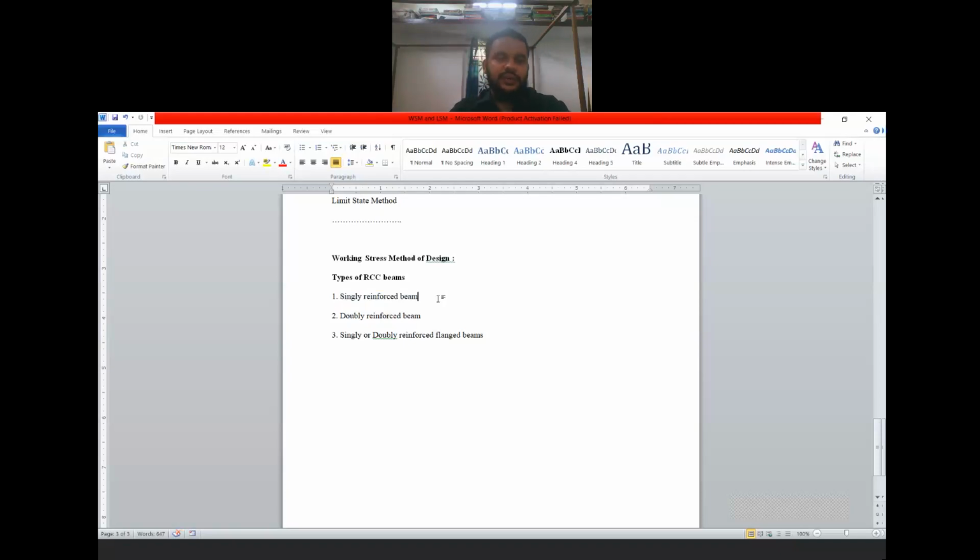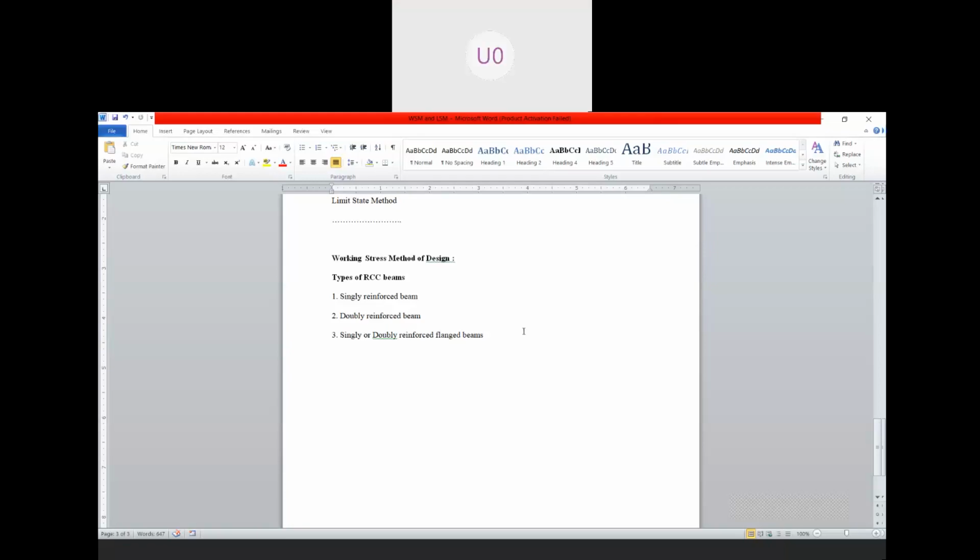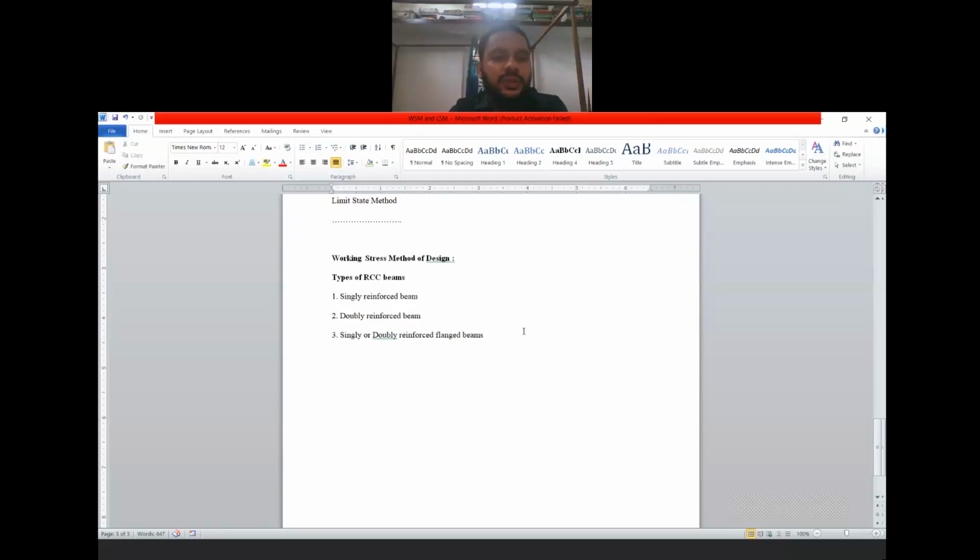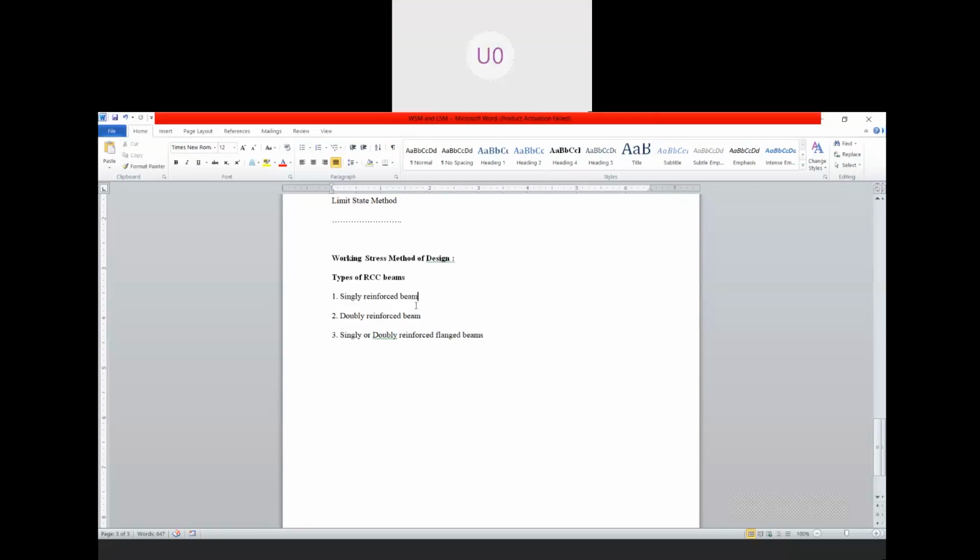Maybe a single layer of reinforcement. Yes, a single layer of reinforcement. In which portion will you provide that reinforcement, tension zone or compression zone? Tension zone, sir. Good.